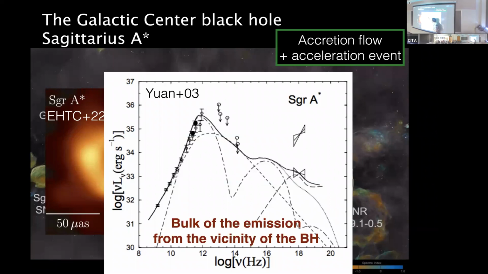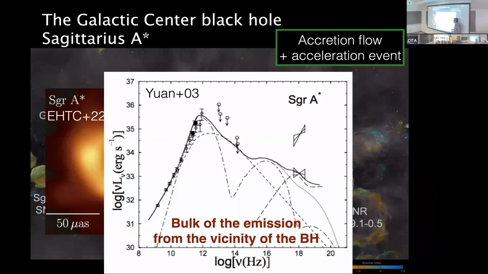And all of these points are different data points, going from the radio, far infrared, near infrared, and then X-rays over here. What people have mostly found by fitting semi-analytical accretion models is that a bulk of the emission, especially at sub-millimeter, should come from the vicinity of the black hole. This is all thermal synchrotron emission. And then this is inverse Compton from that thermal synchrotron.